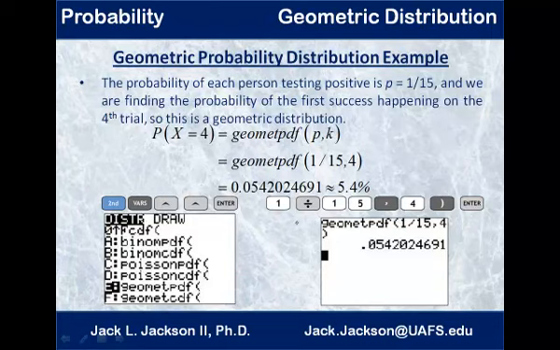Type in 1 divided by 15, so that's your p, comma, then 4, close parentheses, and enter, and it will find that. So the syntax is geometric PDF, give it the p-value, comma, the x value. And that will be the probability that x equals that particular x value on this particular distribution.